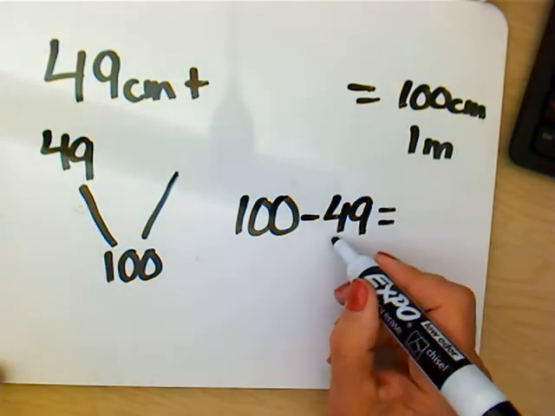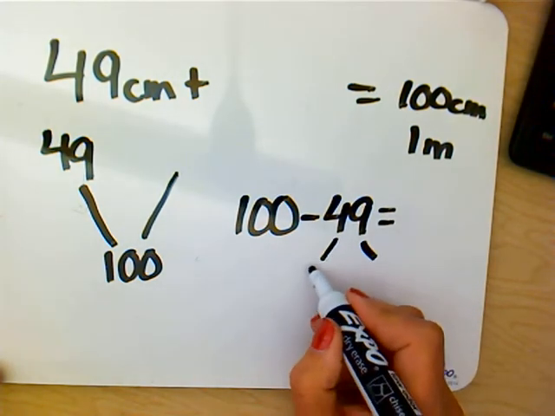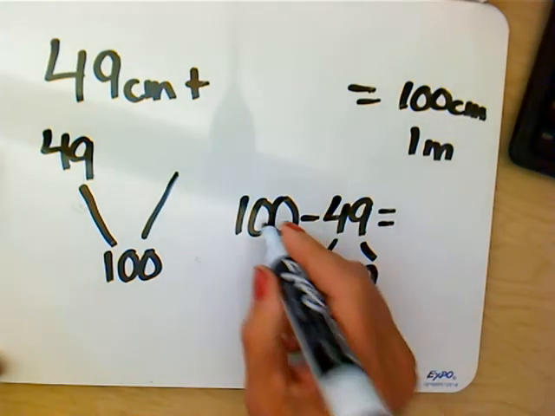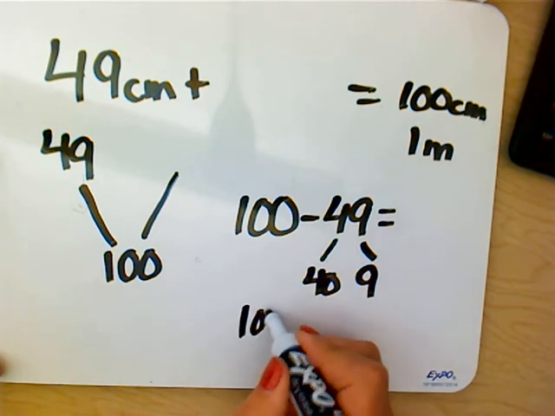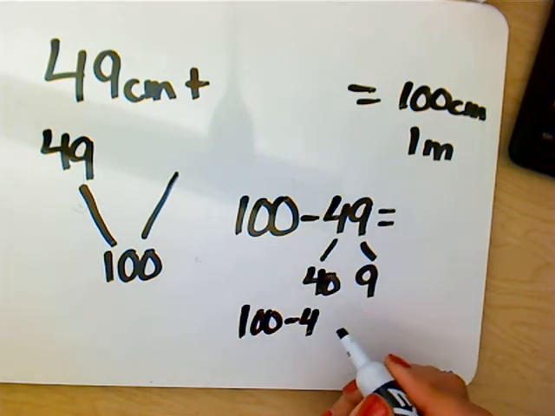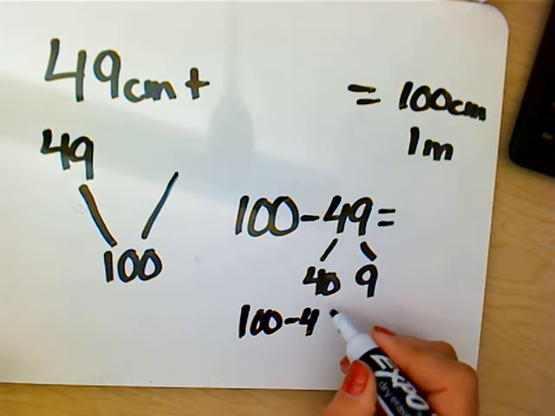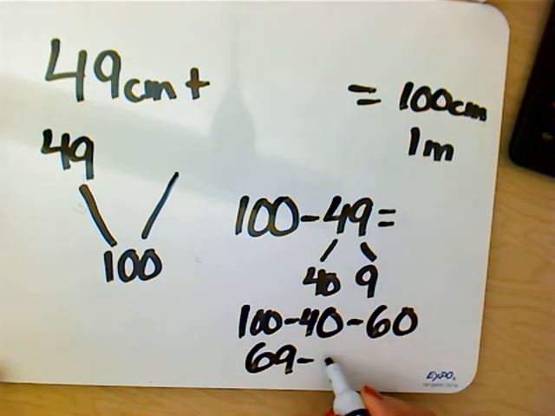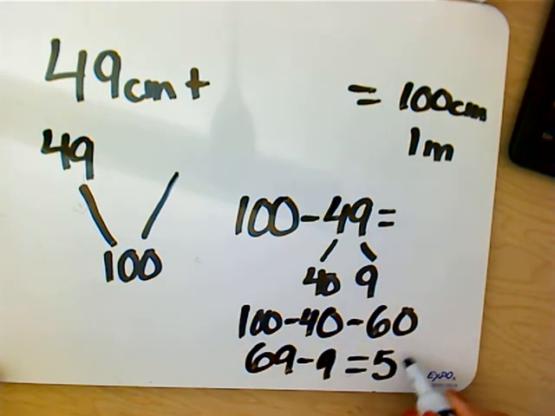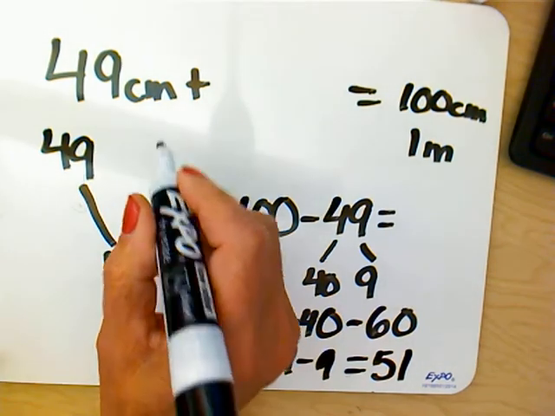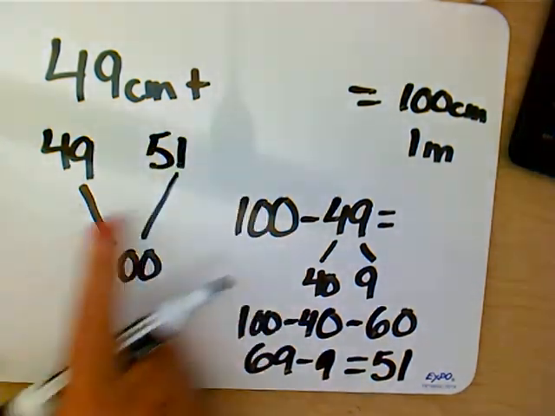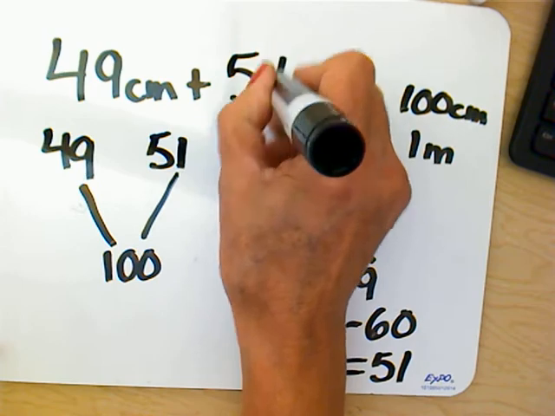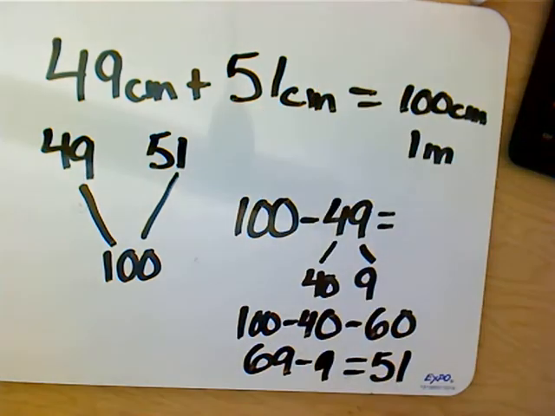But to make this problem easier to work, I'm going to break this apart into 40 and 9, because 100 take away 40, that's an easy problem to do. 100 take away 40 gives me 60, and 60 take away the 9 that I have left gives me 51. So the opposite side of my number bond would be 51, because 49 plus 51 would give me 100. So 49 plus 51 centimeters would give me 100 centimeters.